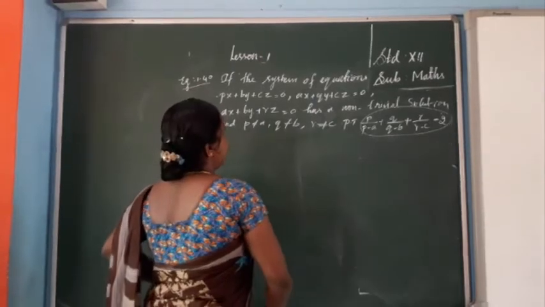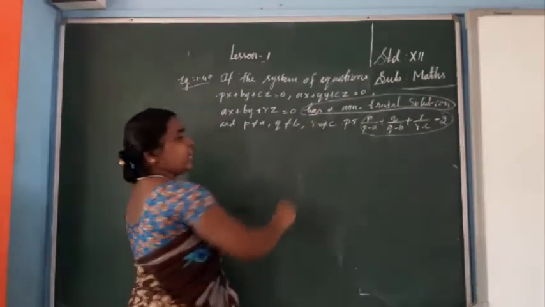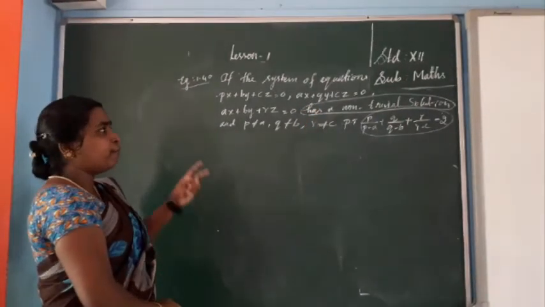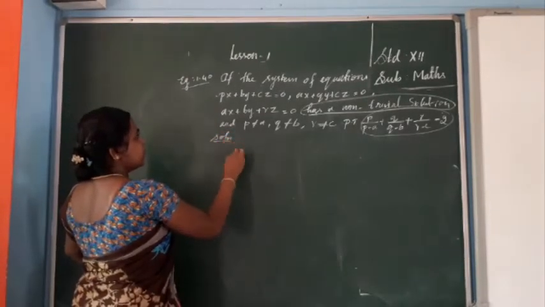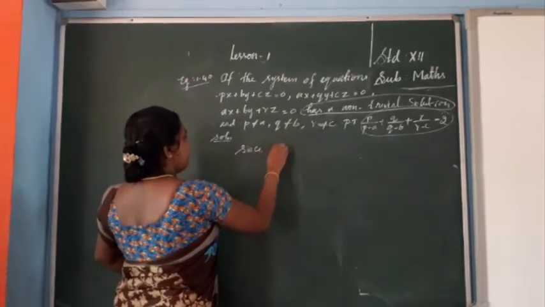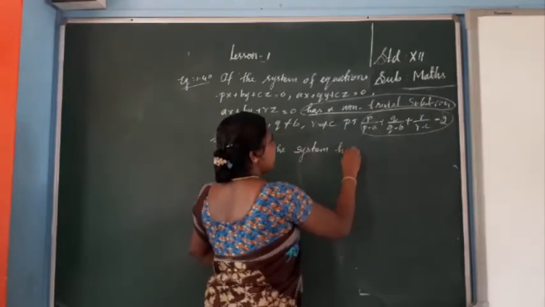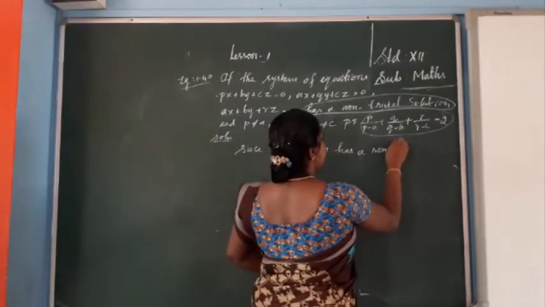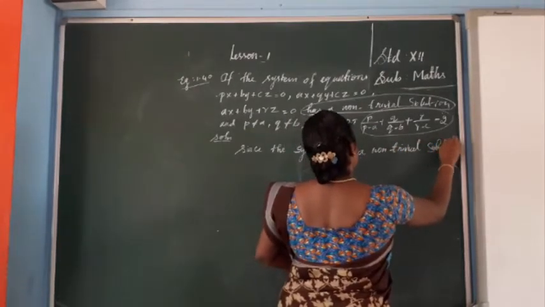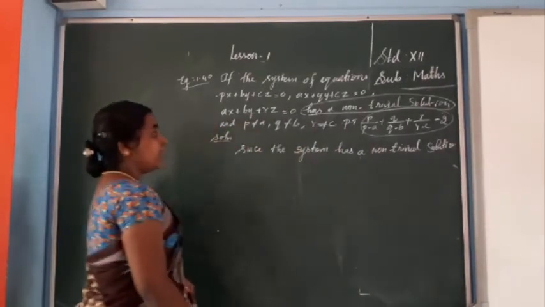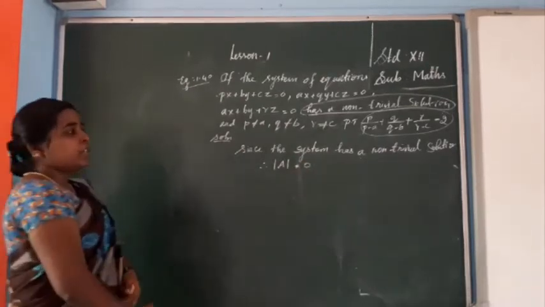Okay, listen. The system of equations has a non-trivial solution. Non-trivial solution means you can say determinant of A equal to 0. So solution: since the system has a non-trivial solution, therefore determinant A equal to 0.